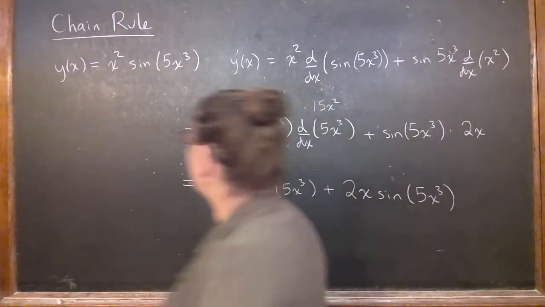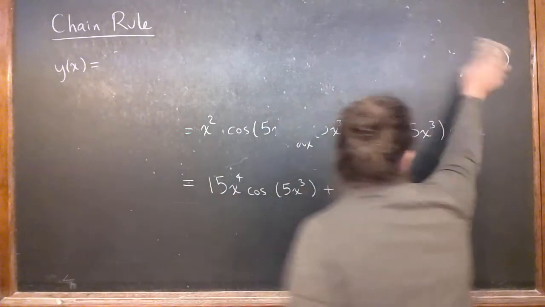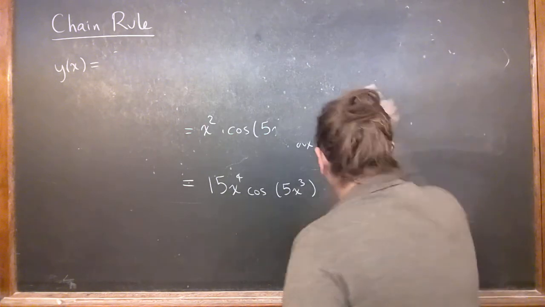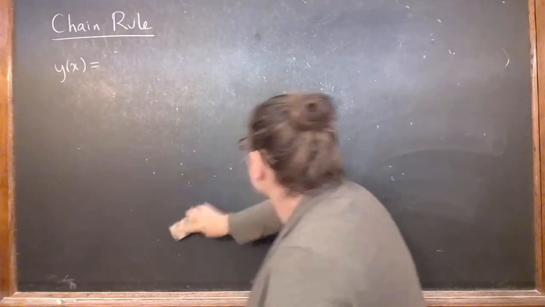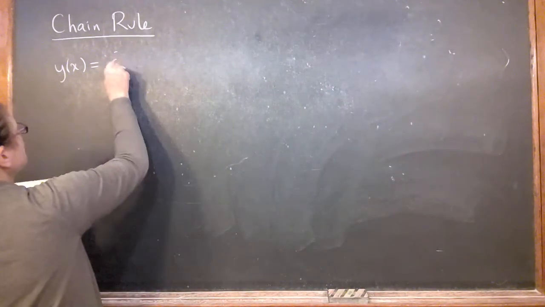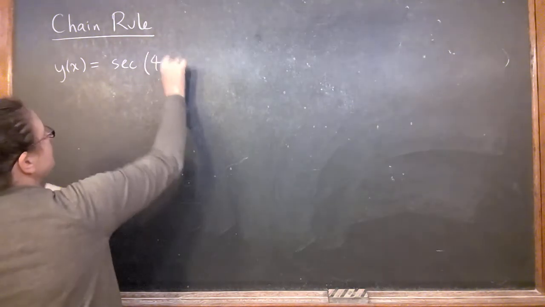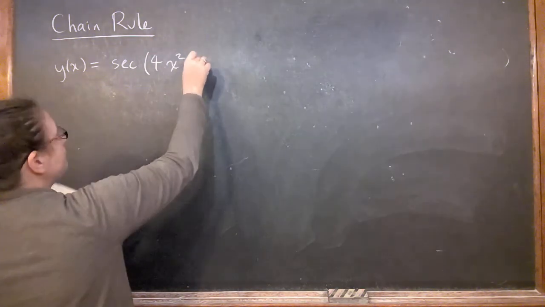Now here's another one that maybe people do find a little bit tricky. It's secant being our outside function. So I do want to mention this because this is something that people tend to mess up a little.